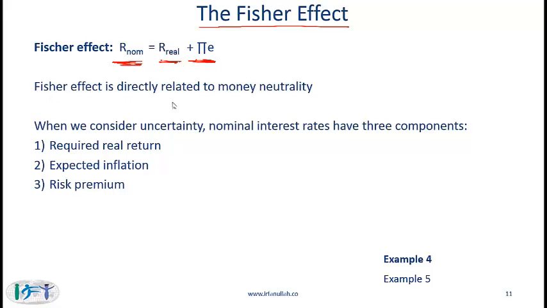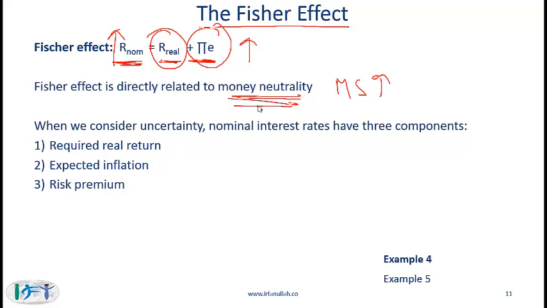The Fisher effect is directly related to money neutrality because if the money supply is increased, that will have an impact on inflation and expected inflation. So that number will go up. The nominal interest rates will go up, but the real interest rate or the real returns will stay the same. And this concept of money neutrality keeps coming up, so I think it is quite important from an exam perspective.